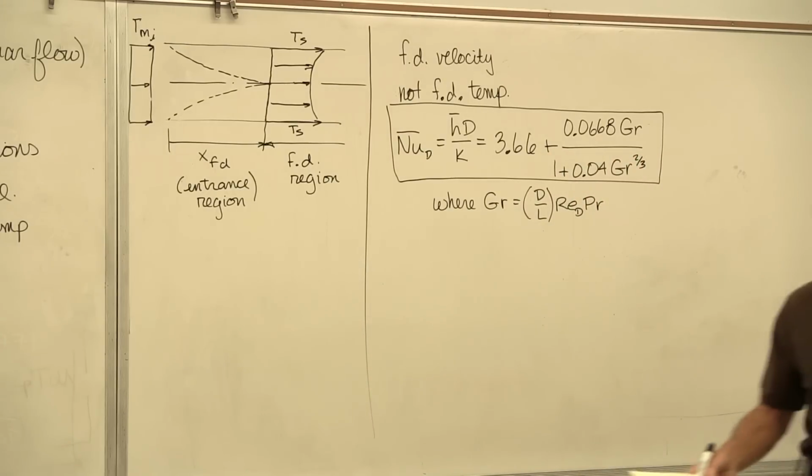That's the equation we end up with for how you find h bar if the velocity profiles are fully developed, but the temperature profiles are not.